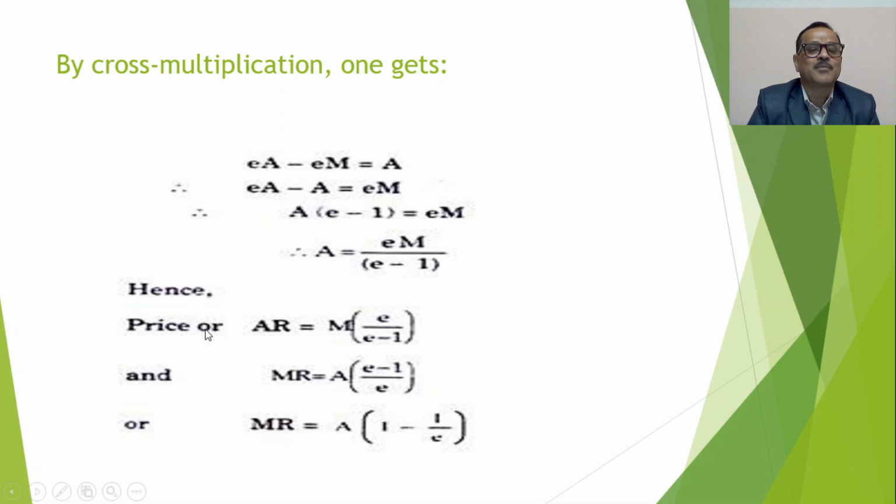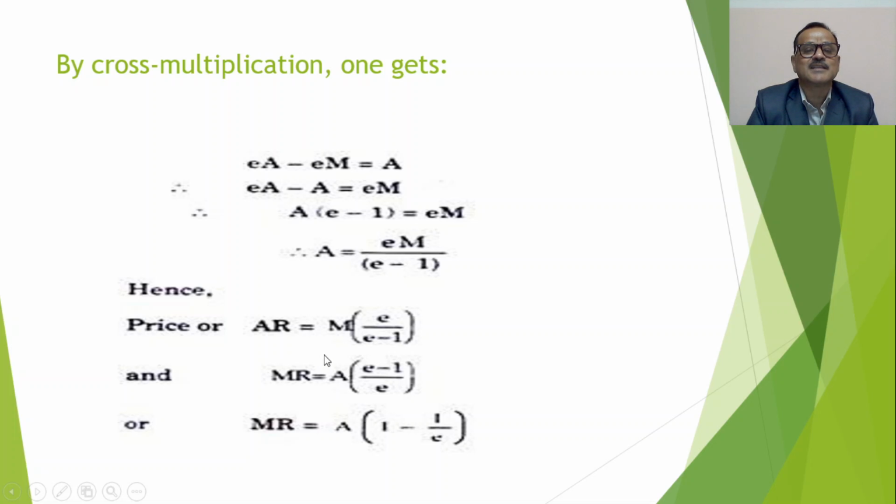Hence, price or average revenue is equal to, if we put M outside, M into E upon E minus 1. So average revenue is equal to marginal revenue multiplied by the ratio of E upon E minus 1.